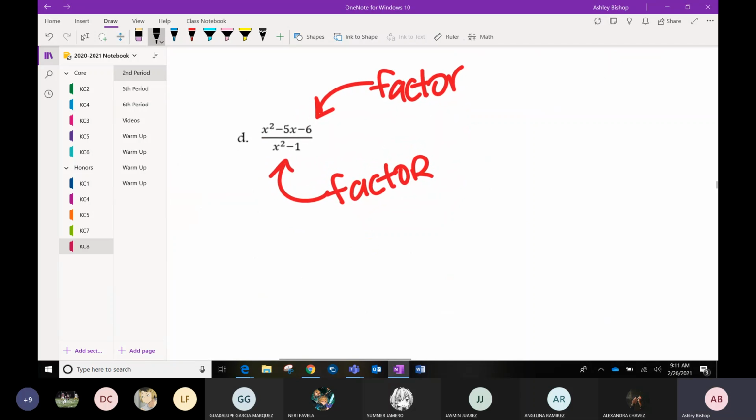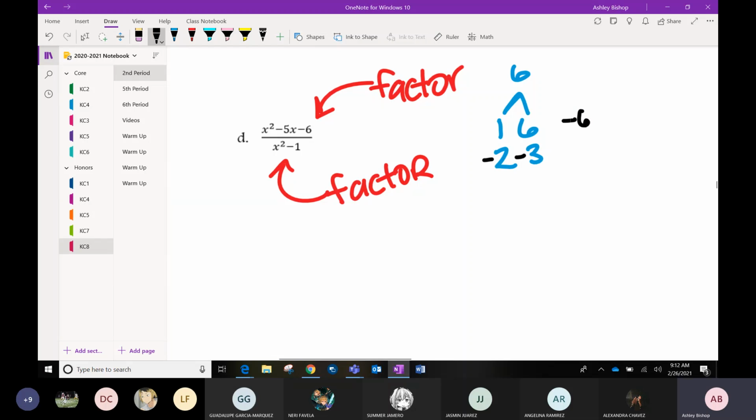So I'm going to find the factors of 6 that add to -5. I have 1 and 6, 2 and 3. Oops, and I want them to add to -5. Well, both of these can add to -5. I could do -2 minus 3, or I can do -6 plus 1.